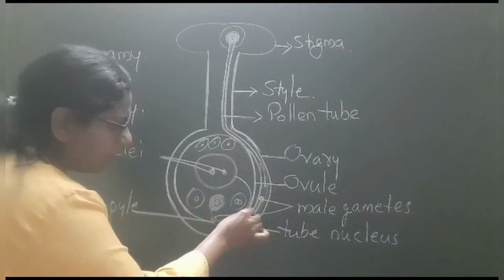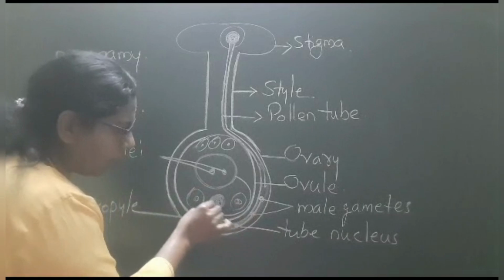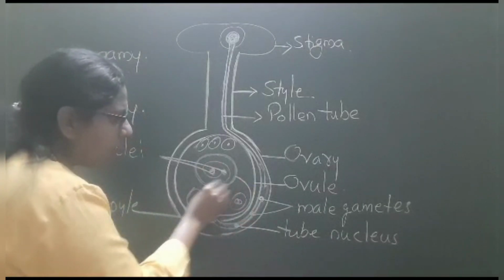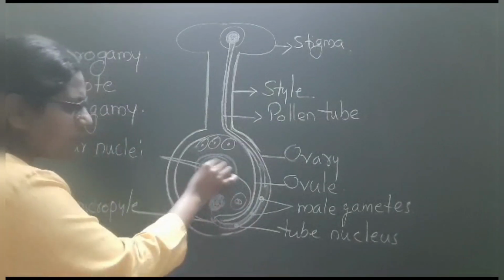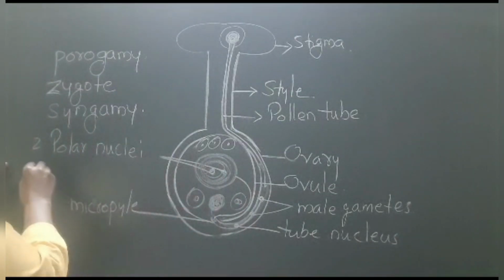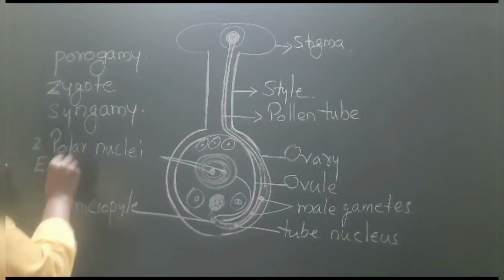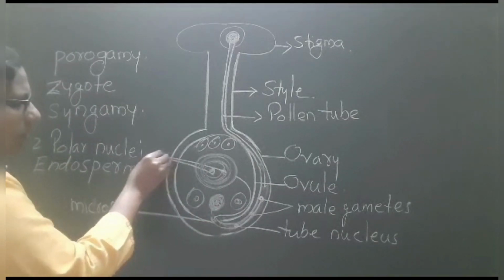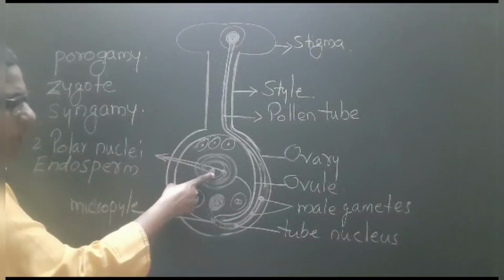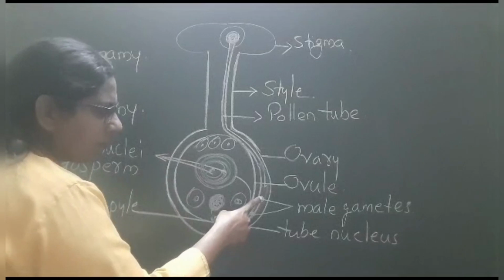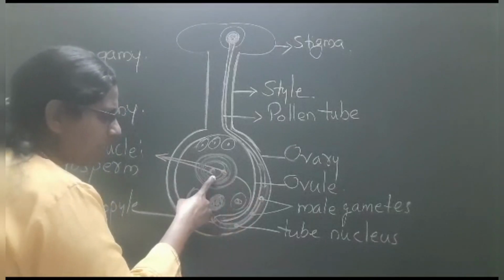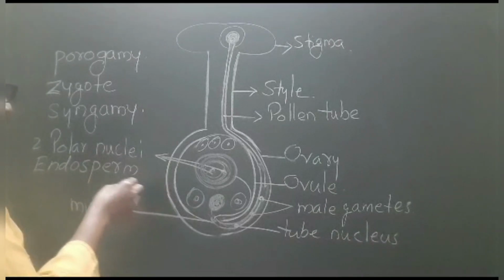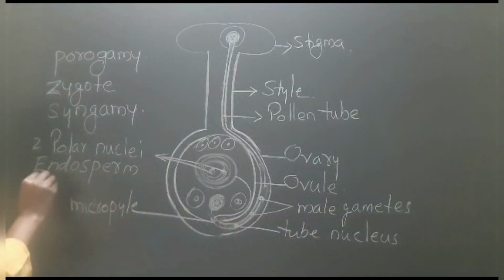This other male gamete, one already fused, the second one goes to these two polar nuclei and fuses with this and forms endosperm. These are the two polar nuclei. With these two polar nuclei, the other male gamete fuses and forms endosperm. That process is called triple fusion.